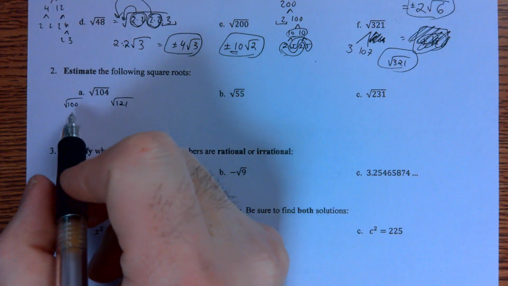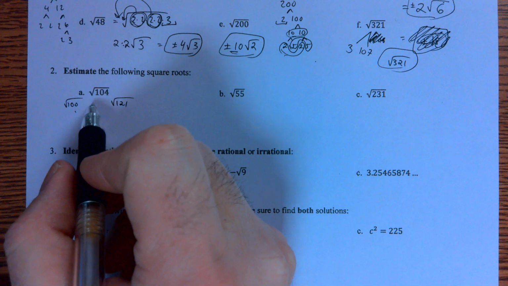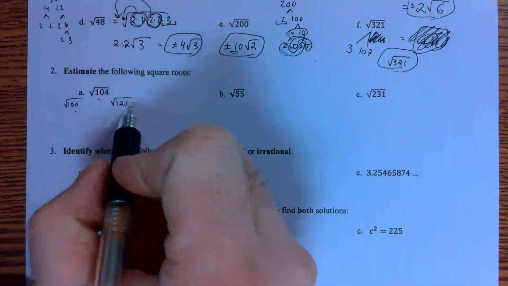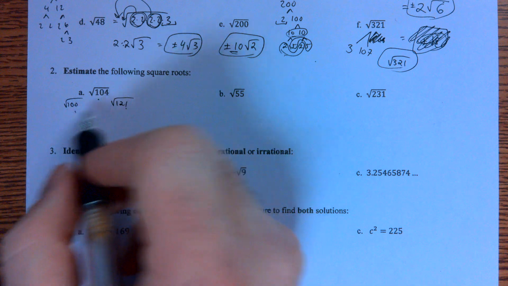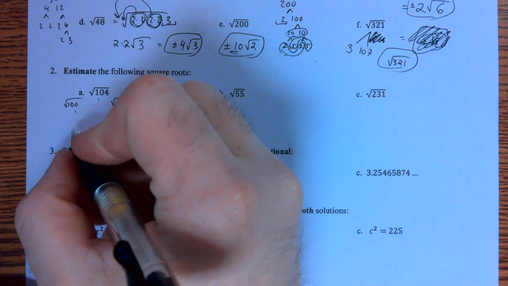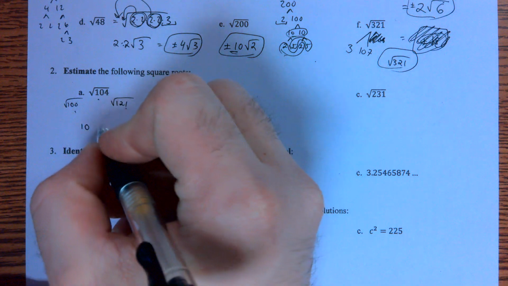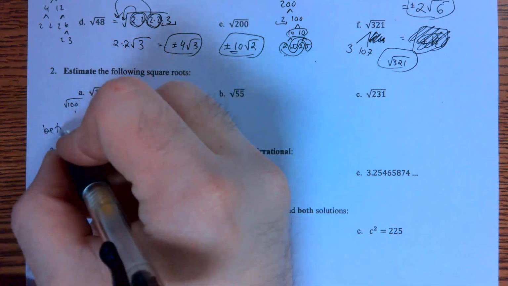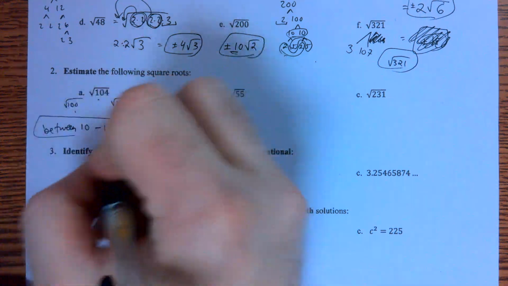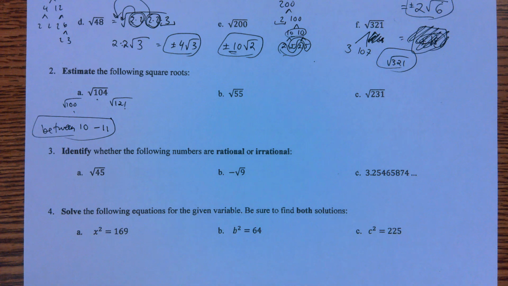On a number line, it would go 100, something, something, 104, something, something, 121. So it's going to fall somewhere in between these two nice perfect squares. Well, the square root of 100 is 10, and the square root of 121 is 11. So the square root of 104 is somewhere between 10 and 11. It's not between 100 and 121, because I'm talking about finding the square root.